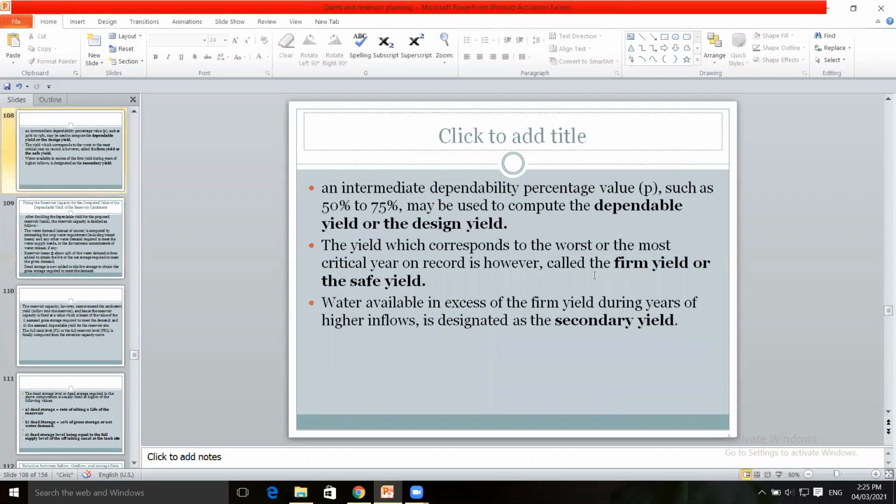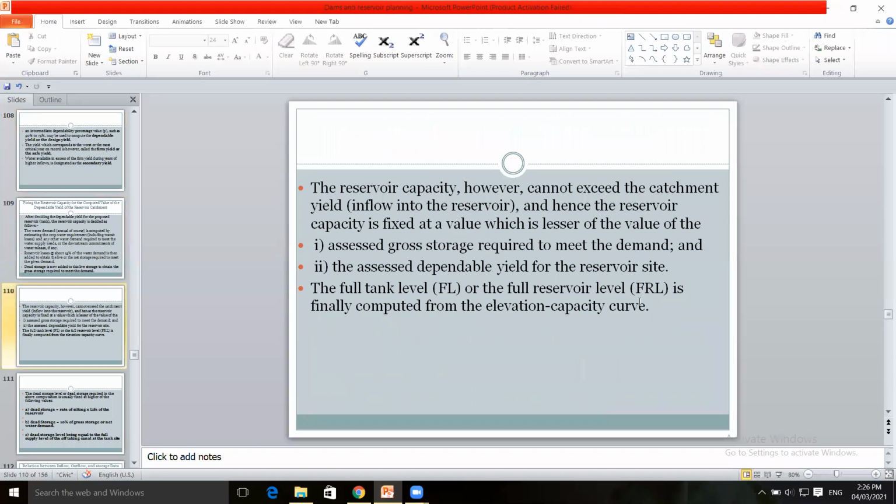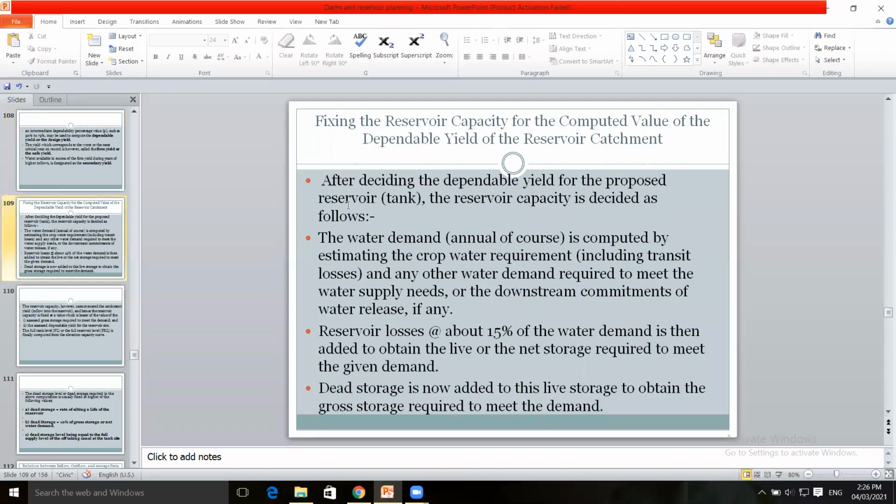We saw what dependable yield is: the intermediate dependability percentage value having 50% to 75% that is used to compute the dependable yield or design yield. After deciding the dependable yield for the proposed reservoir, the reservoir capacity is determined by the following steps.